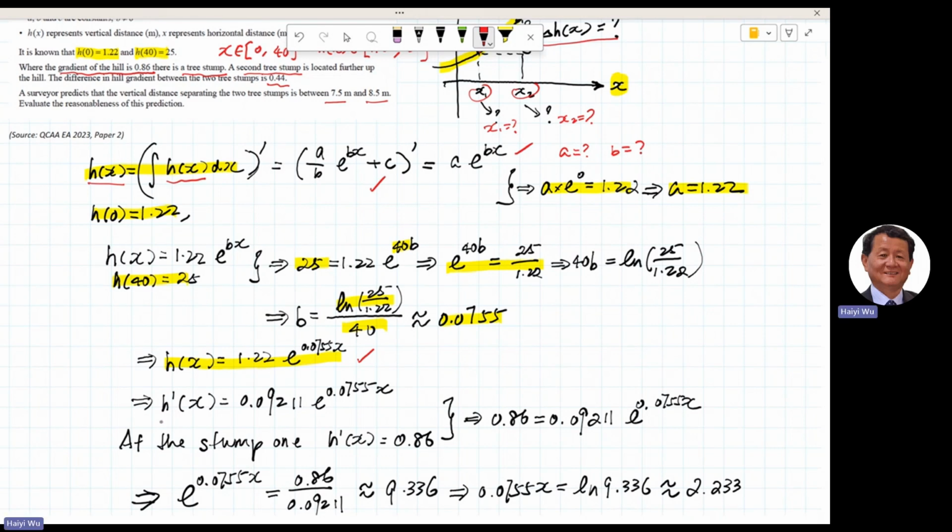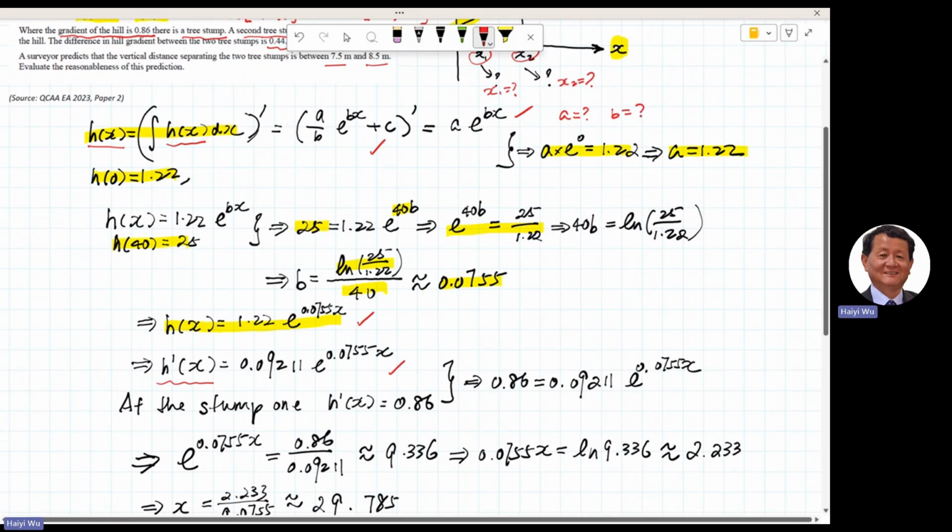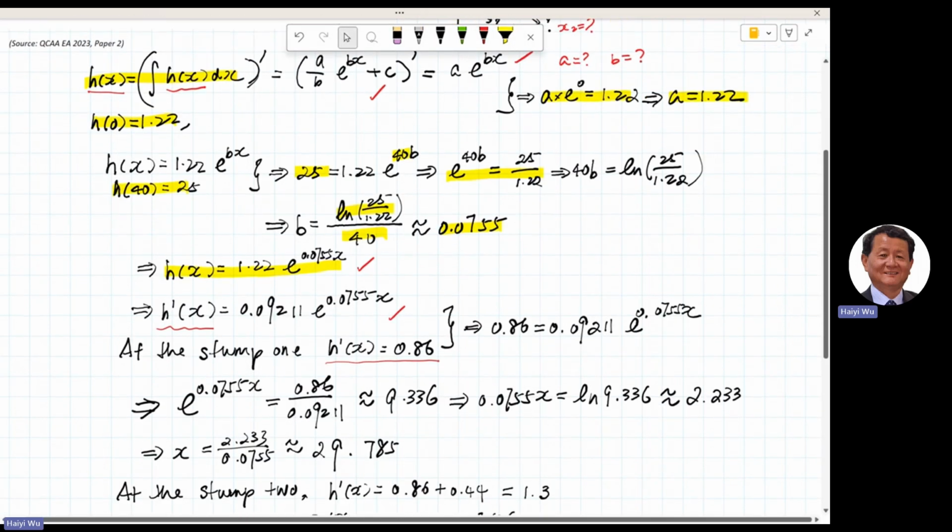However, we haven't got a gradient yet, so first we need to differentiate h. We differentiate h, which gives the second equation. Then we substitute at stump 1: the derivative of h is 0.88. Then we solve for x.